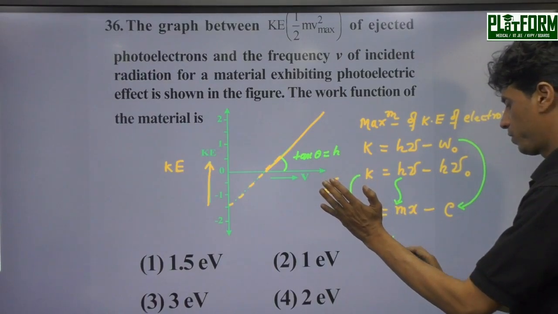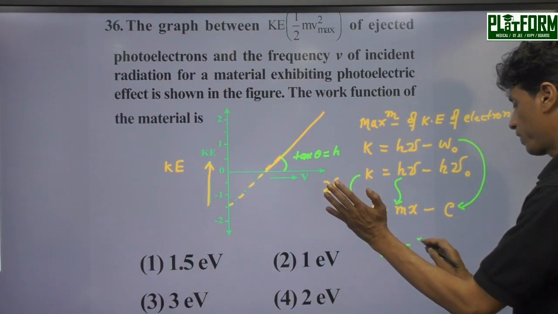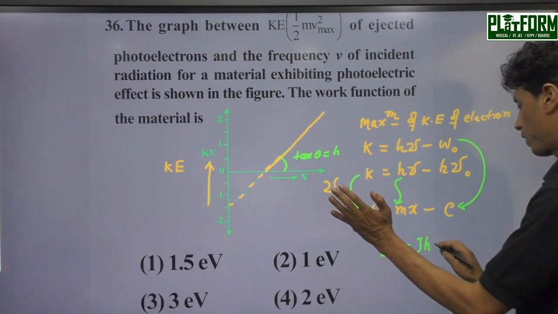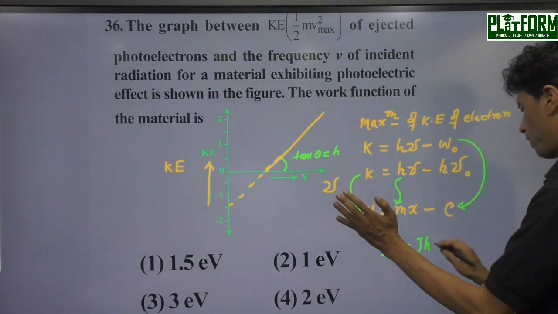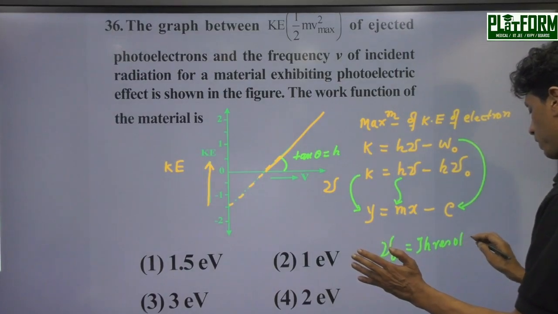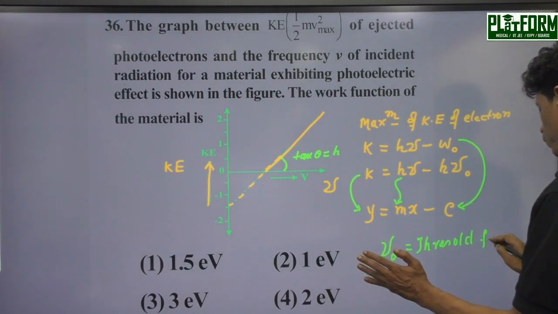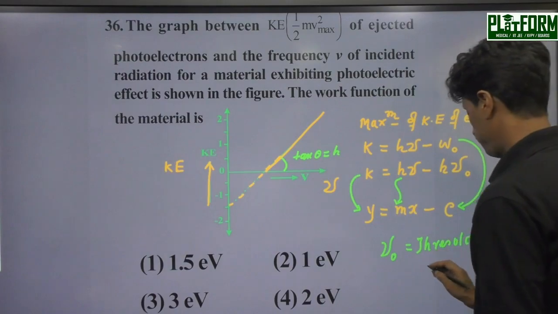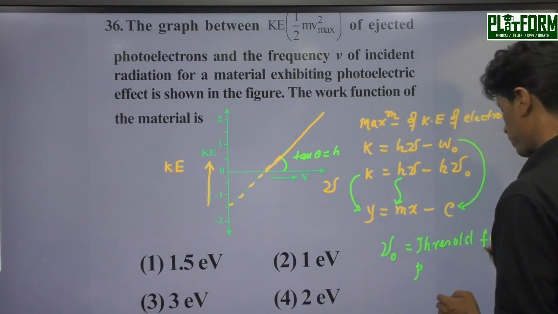And frequency is actually the threshold frequency, the minimum frequency required for photoelectrons, threshold frequency.